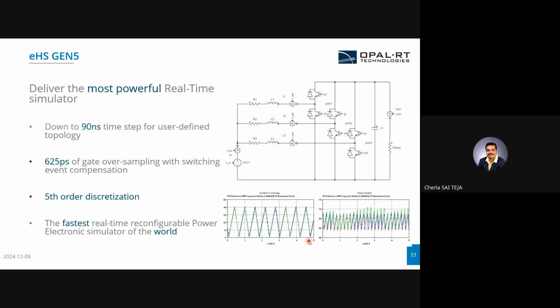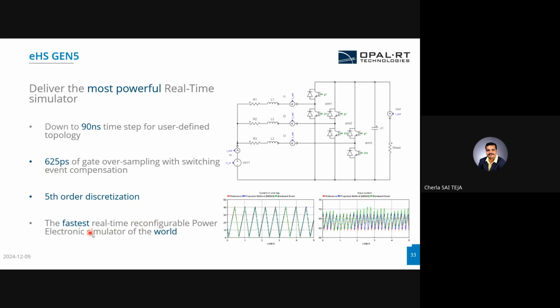So you can see here, this is a slide on generation 5 of our EHS solver. This helps you deliver the most powerful real-time simulator. Depending on the topology of the converter we are using, it can go down from a 90 nanosecond time step for user-defined topology, and the gate oversampling and the switching event compensation, we can have at a step of a picosecond, and it has fifth order digitization.